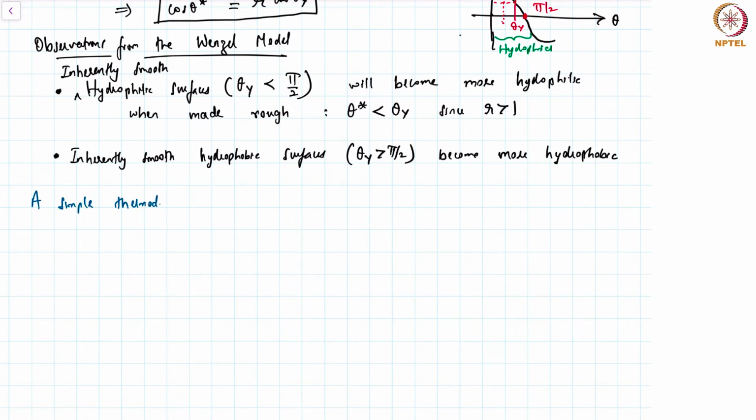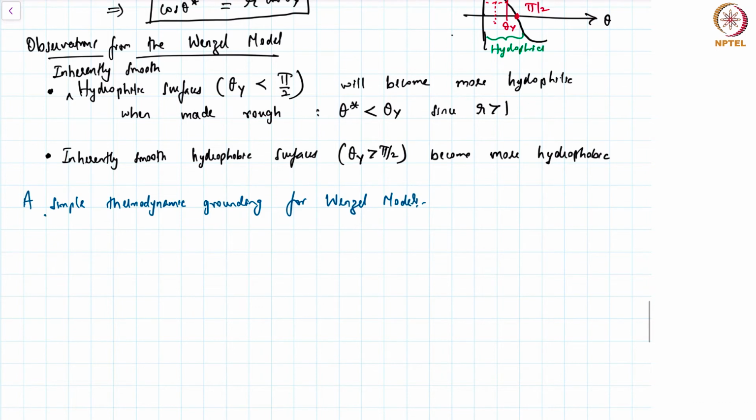A simple thermodynamic grounding for the Wenzel model. So essentially, if you look at the specific surface energies, then the cosine of theta star can be related to the specific surface energy. So in other words, the apparent contact angle in a Wenzel-like wetting state can be written as follows.